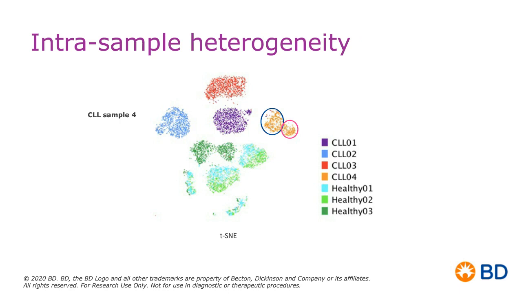Our eyes are very sensitive to patterns and little changes, and we might have already been drawn to say, huh, that looks a little unique. You could say there's something unique about CLL number 1 as well. It looks like there's a little island there, and even in 2. But for this particular data discussion, we're just going to drill in onto sample CLL4 because there are some rather unique aspects to that particular cluster.